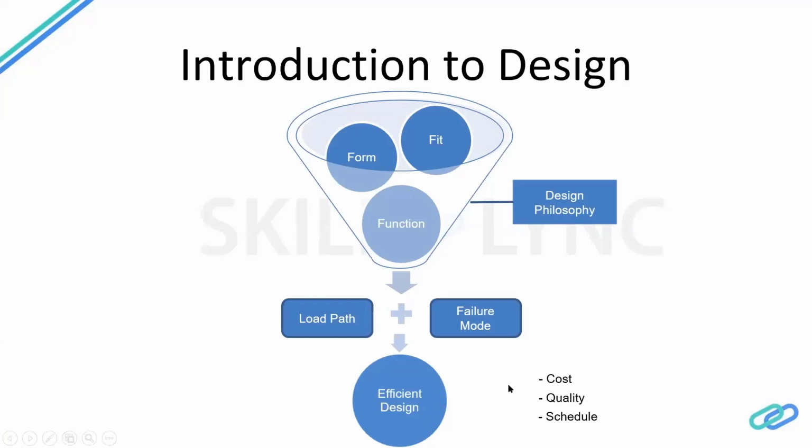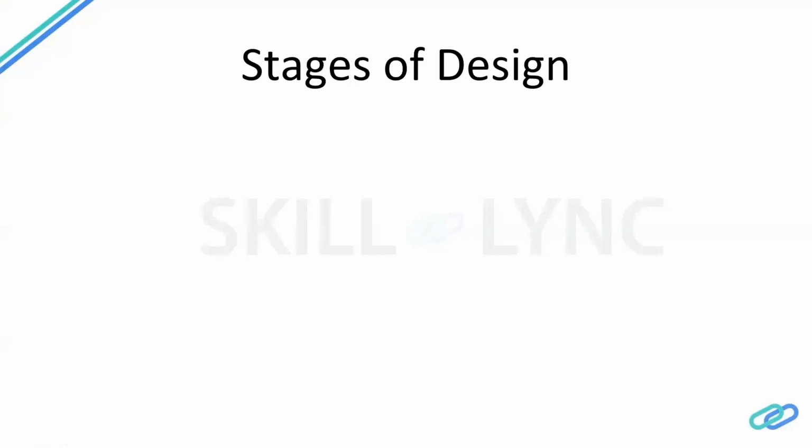Now let's look a little more into the stages of design. You might have already studied these in your machine design or elements of design subject, right? I'll not go into detail, but let's touch upon these. First is always recognition of the need. These are the general steps; there may be an addition or reduction of a few steps here and there.